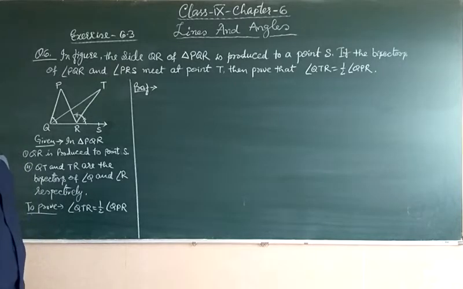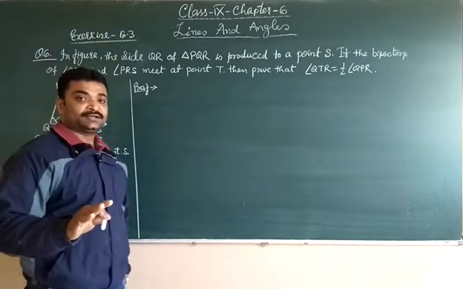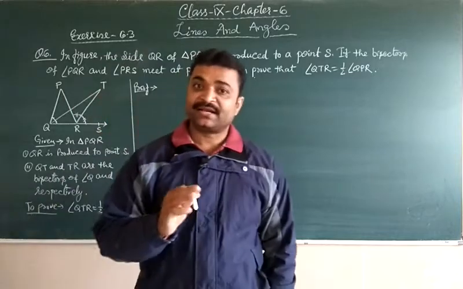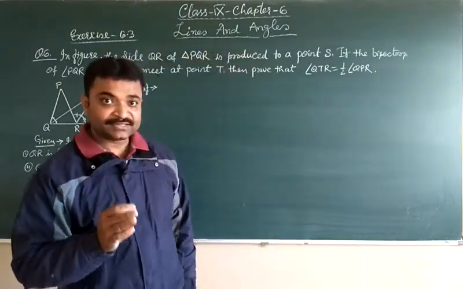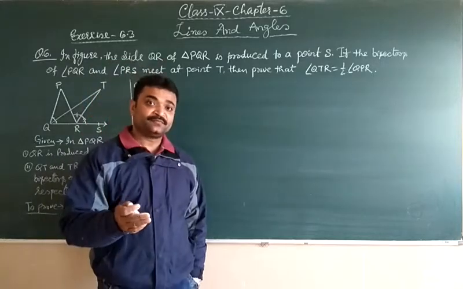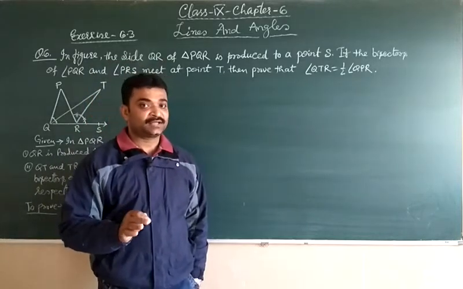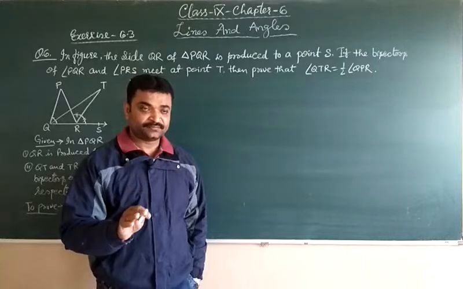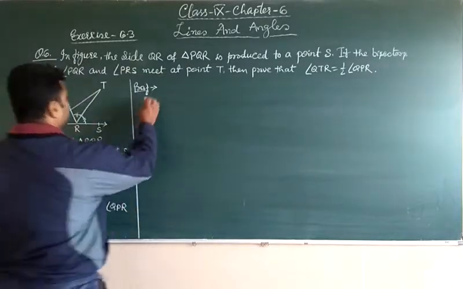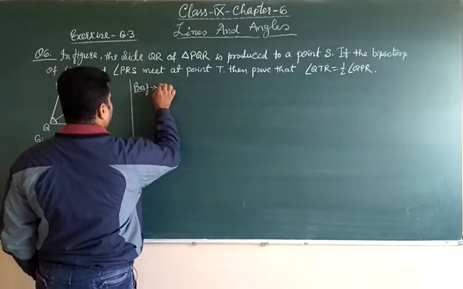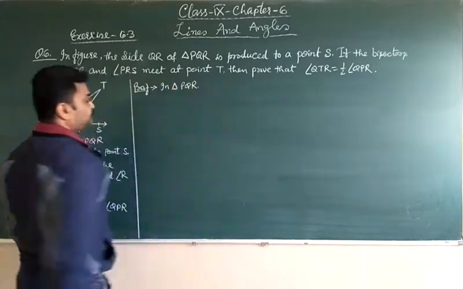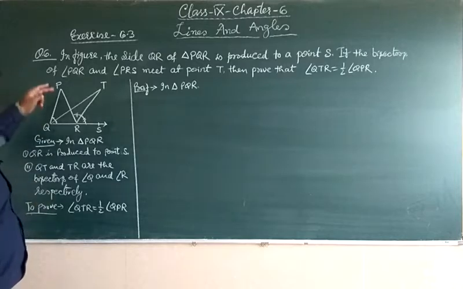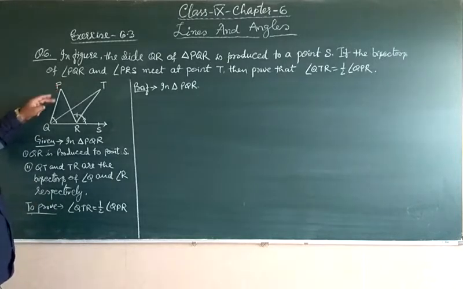See, you all know what is the property of an exterior angle of a triangle. An exterior angle is equal to the sum of the interior opposite angles. Is it? Okay. In triangle PQR, see, this is the triangle PQR.